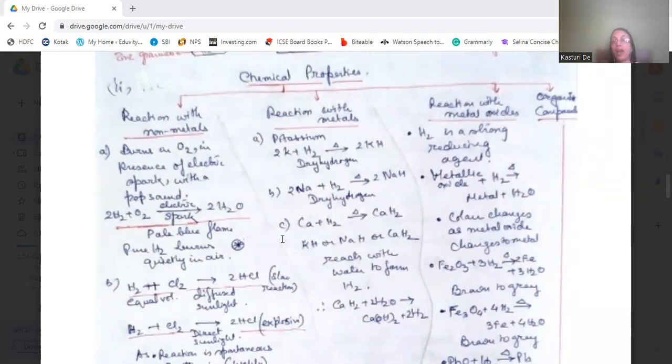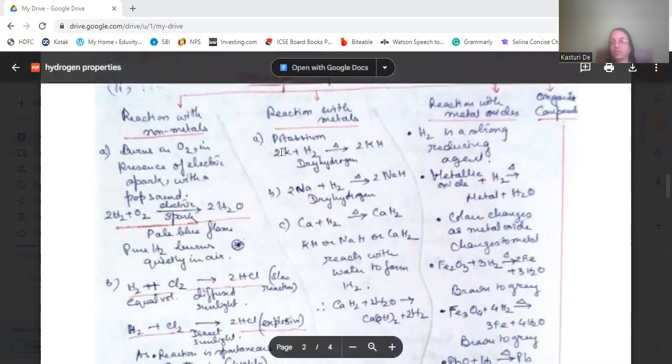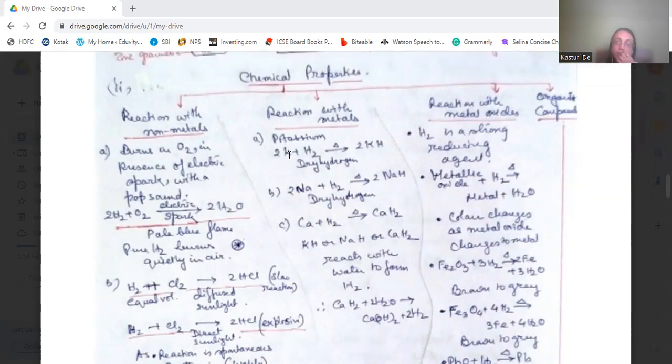These hydrides react with water to form hydrogen again. The reactions are like this: 2K plus H2 in presence of heat forms 2KH, 2Na plus H2 in presence of heat forms 2NaH, Ca plus H2 in presence of heat forms CaH2.